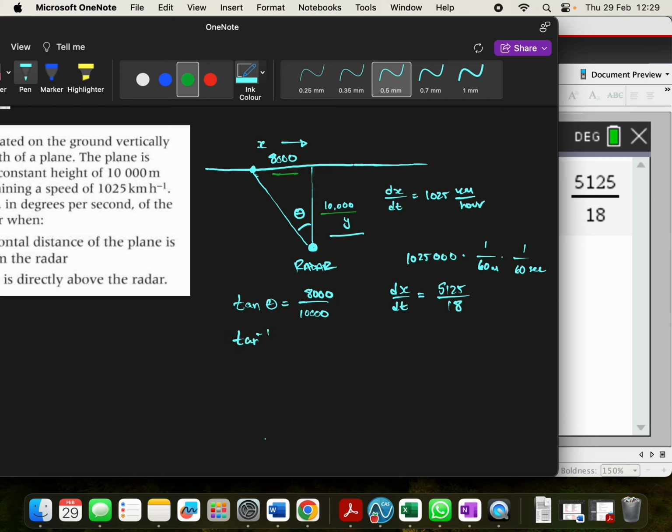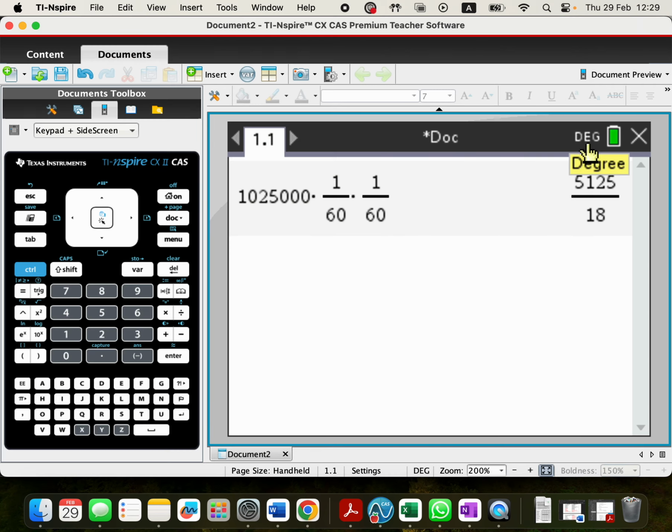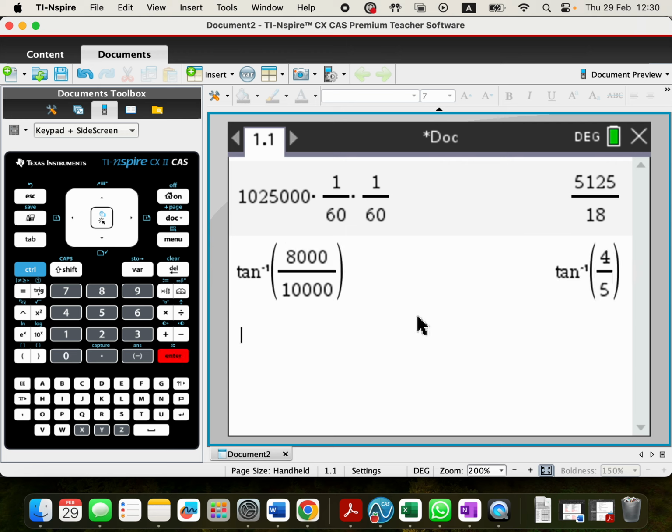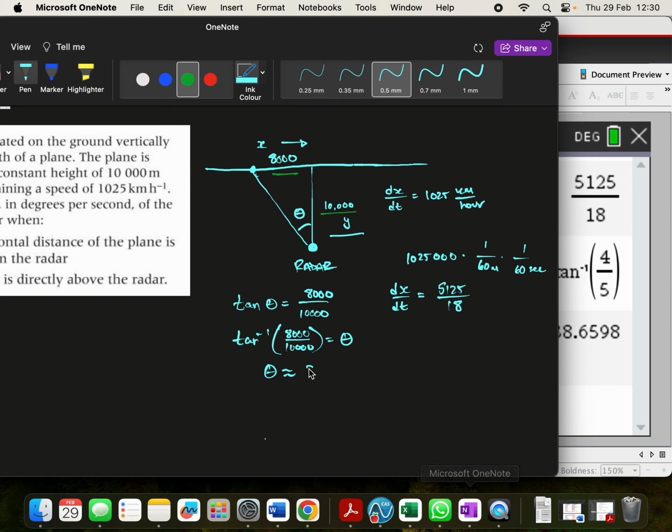So theta is the arctan of 8,000 over 10,000. In degrees, that tells me that I am about 38.7 degrees. When I use this, I'm going to actually use the actual value, but we can deal with that later.